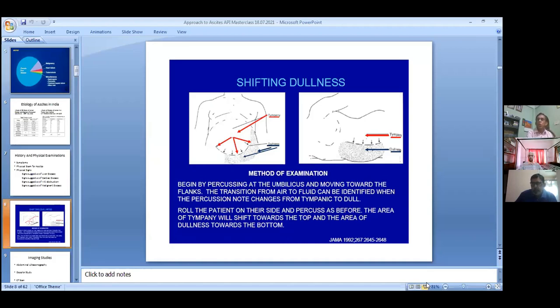Then you roll the patient to one side and percuss as before. The area of tympanic note will shift towards the top, and that is called the shifting dullness.